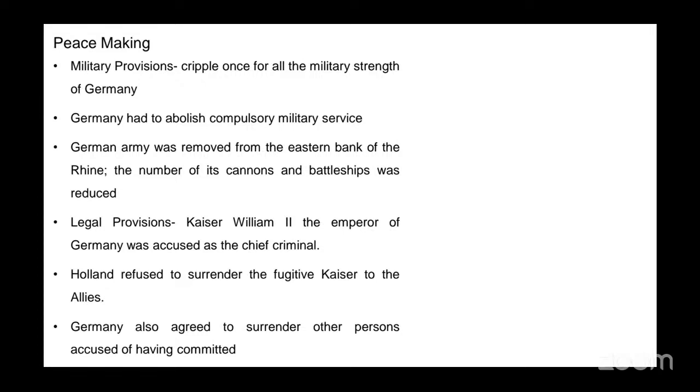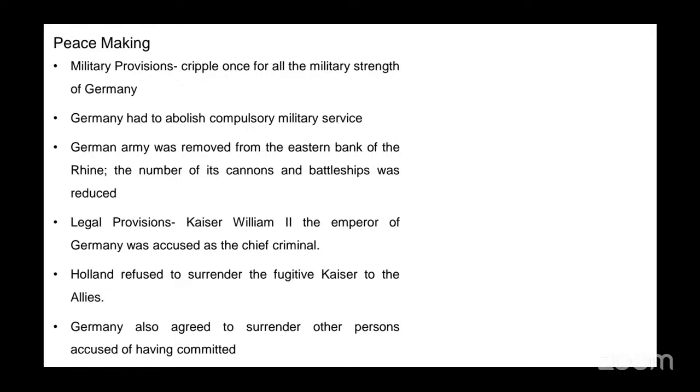The next thing is legal provisions. The legal provisions can also be seen from Kaiser William's point of view. Kaiser William, who was the Emperor of Germany, was accused as the chief criminal in this war.